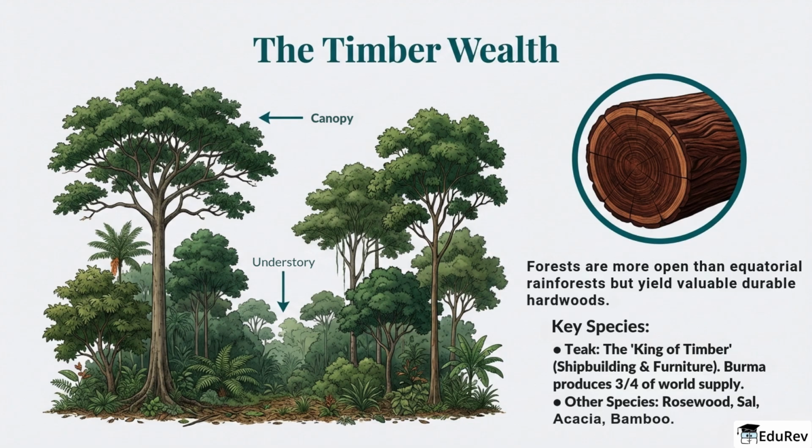And the high yield fact you must retain is this: Burma produces about 3/4 of the world's supply of teak. Other important species include rosewood, sal, acacia, and bamboo. So remember the contrast clearly. Equatorial forests are denser and more chaotic. Tropical marine forests are relatively more open and commercially more usable for timber.